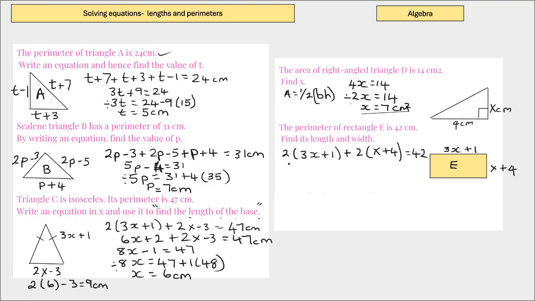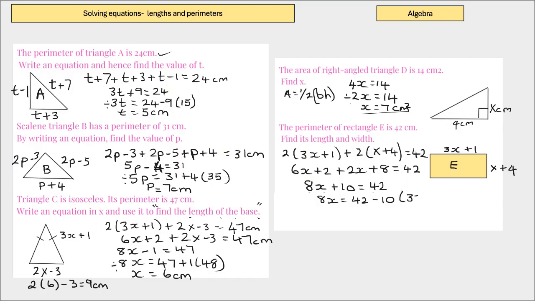So we're going to expand. 2 times 3x is 6x plus 2 plus 2x plus 8 equals 42. Collect like terms. It's going to be 8x plus 10 equals 42. 8x equals 42, subtract 10, because that has gone over the equal side.